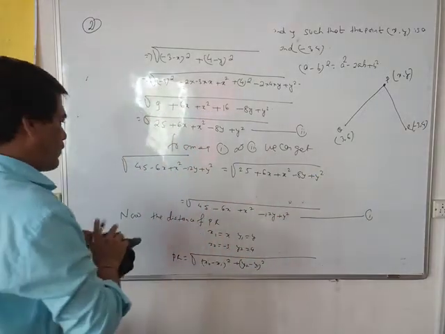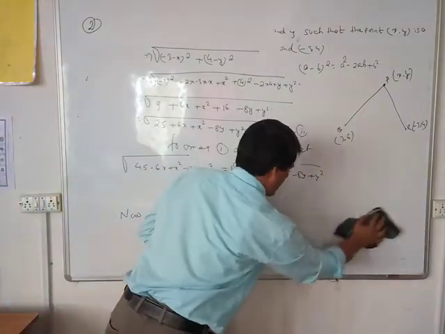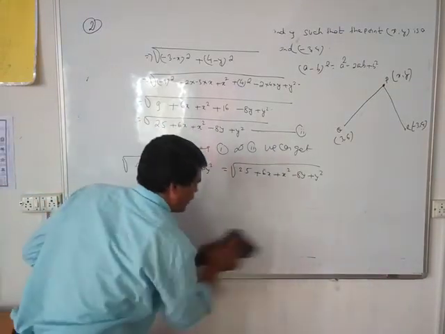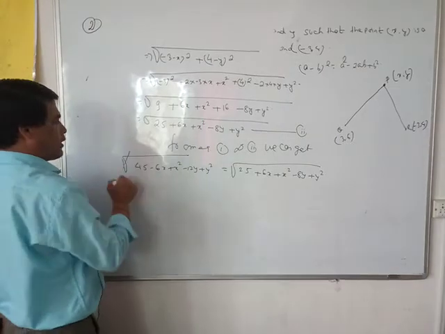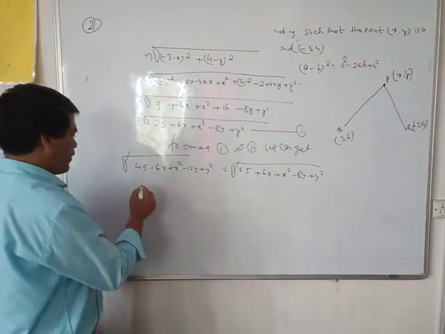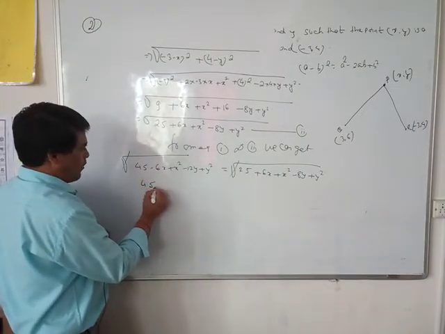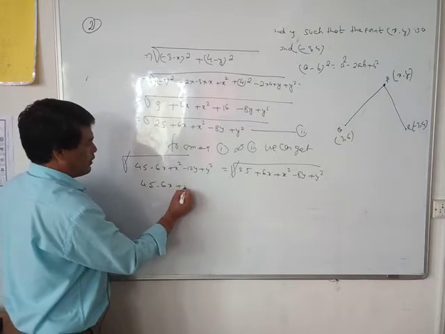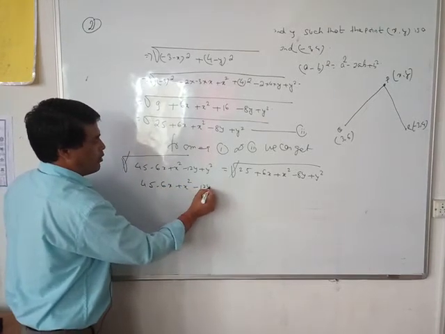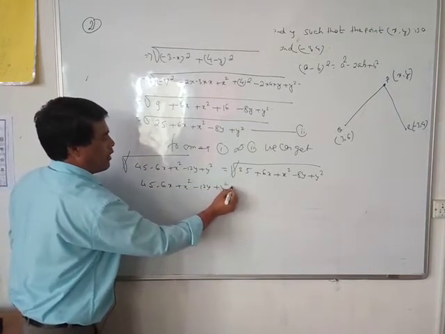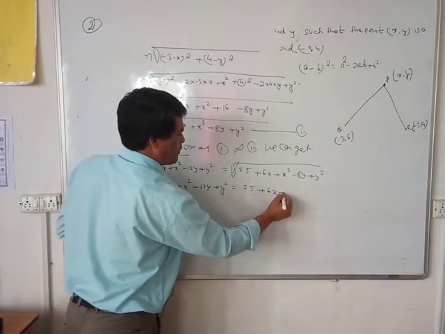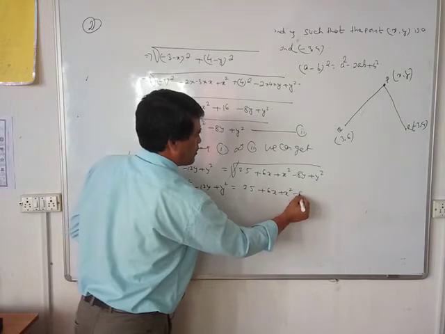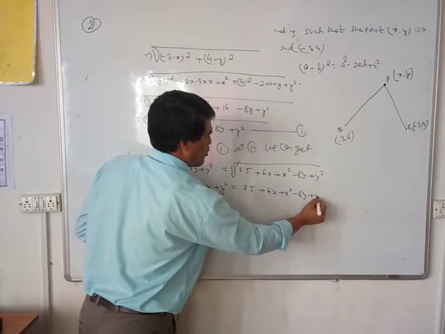Then after that we have to remove the square roots from both sides. At that time we square both sides, or directly cancel it. Then we get 45 minus 6x plus x square minus 12y plus y square equal to 25 plus 6x plus x square minus 8y plus y square.